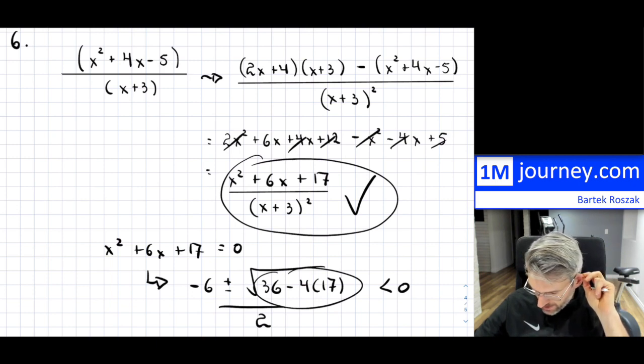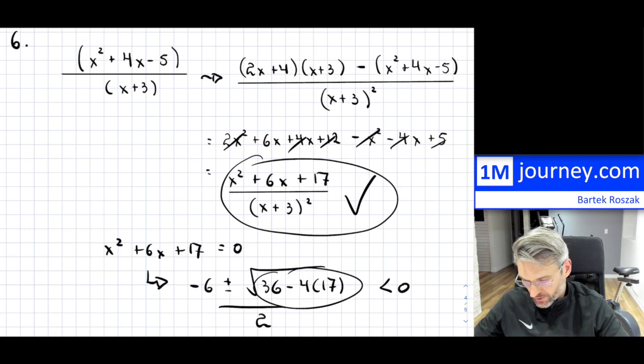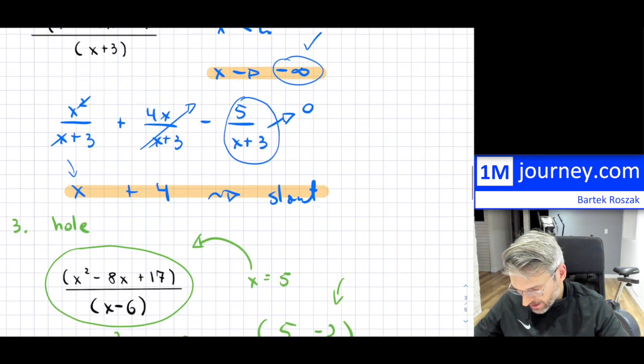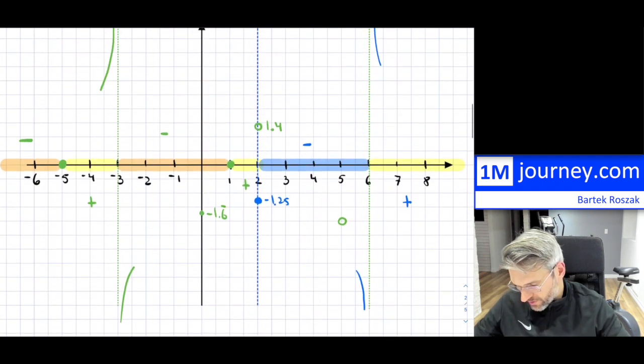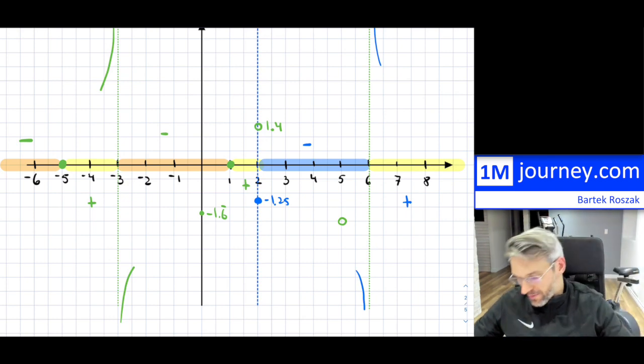So this does not have any roots, which means that we don't have a derivative anywhere which is equal to 0. That's interesting, because what that is telling me is that for this function, it doesn't go up or down, so there's no local maximum or minimum.